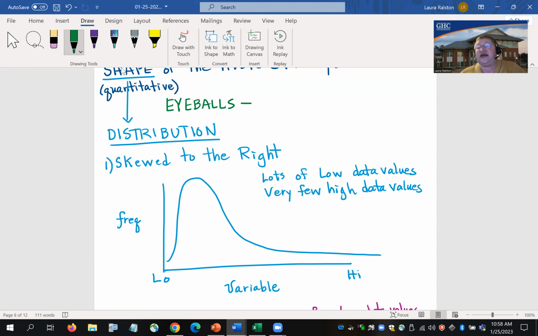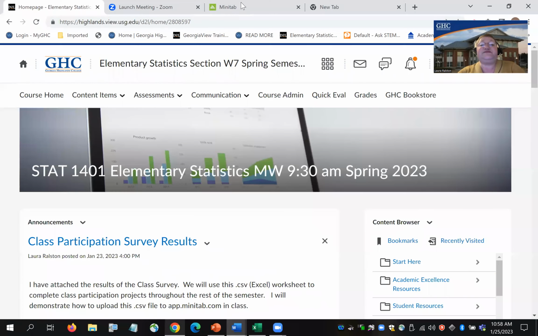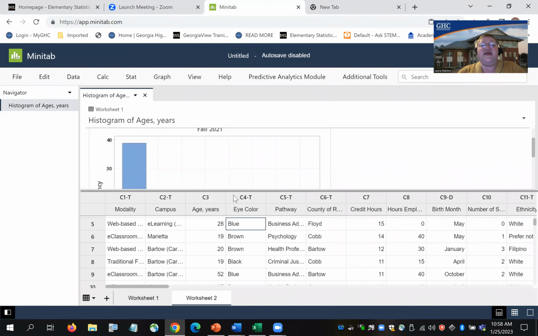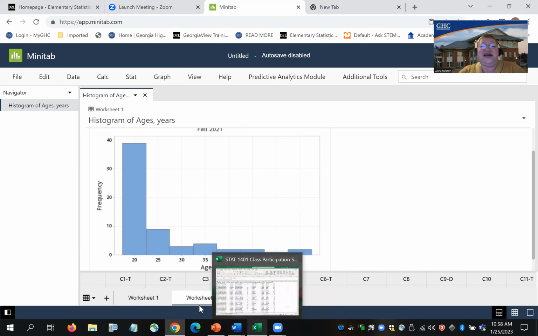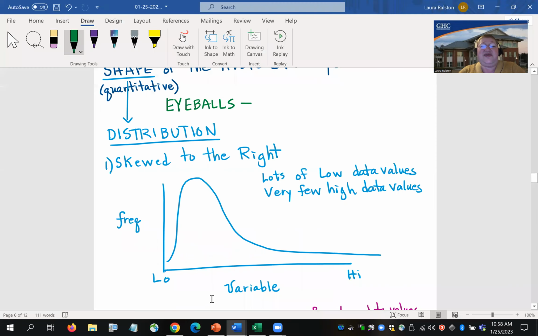Sometimes it's very obvious. The example that we looked at this morning with the ages, if we go back to that particular histogram, that one was reasonably obvious that it was skewed to the right. But sometimes you get some where you're kind of like, well, it might be skewed right or it might be symmetric. So with our eyeballs, it's open to interpretation.